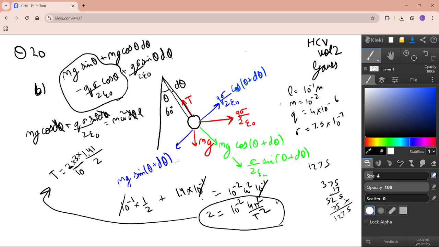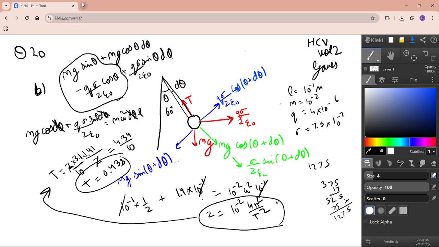Just kidding, it's 3.1. So 2 and 2 cut. 3.1 into 1.4. Let's do it. 14 threes are 42. And 42 and 14, that's 434. That's 4.34 by 10, or like 0.43 seconds. I'm getting it after approximation.